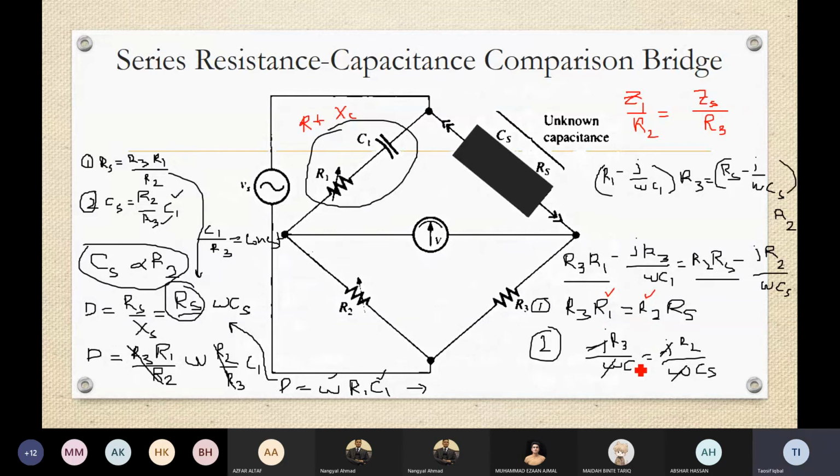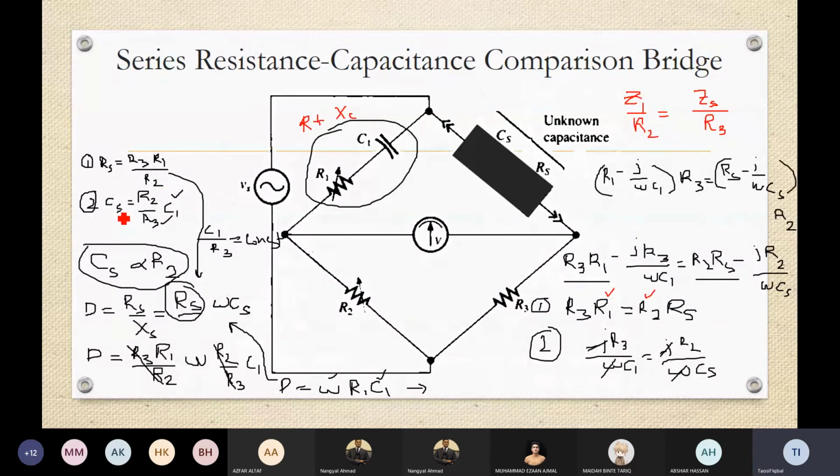On the other side we have imaginary components equal, so minus jR3 divided by omega C1 equals minus jR2 divided by omega Cs. So j can be cancelled out and omega can be cancelled out, so we end up with two relationships. One is for Rs, and that is R3 multiplied by R1 divided by R2.